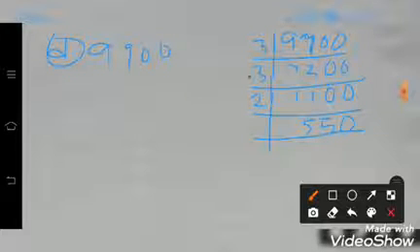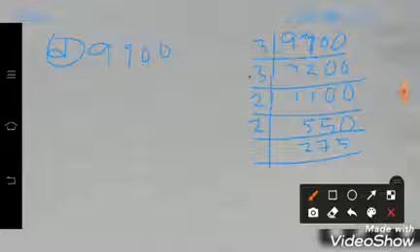Here we can do again by 2: 2 2s are 4, 1 left, then this becomes 15, then 2 7 14, 1 left, 2 5 is 10, we got 2 7 5, and again here we can do it by 5: 5 5s are 25, 26, 27, 2 left, then this becomes 25, then 5 5 25 again.